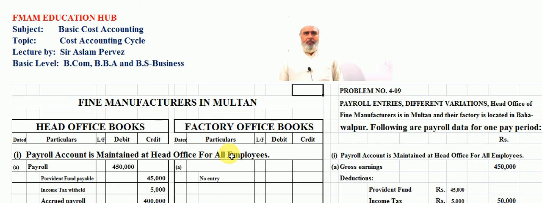The second method is that the factory maintains its own payroll for factory employees. And the third method is that the payroll clearing account is not maintained at all. Students, these are the three methods presented before you in this problem.